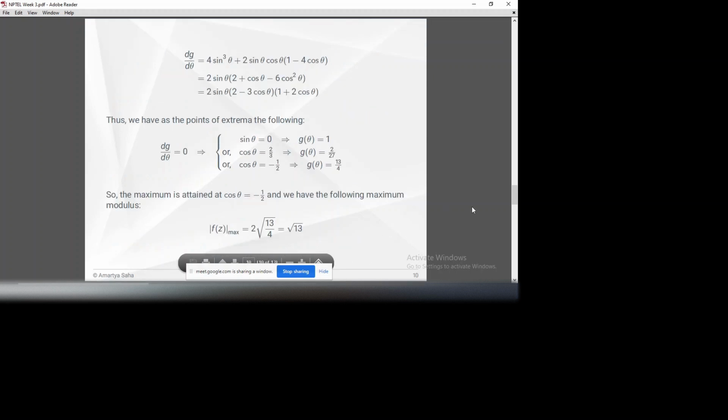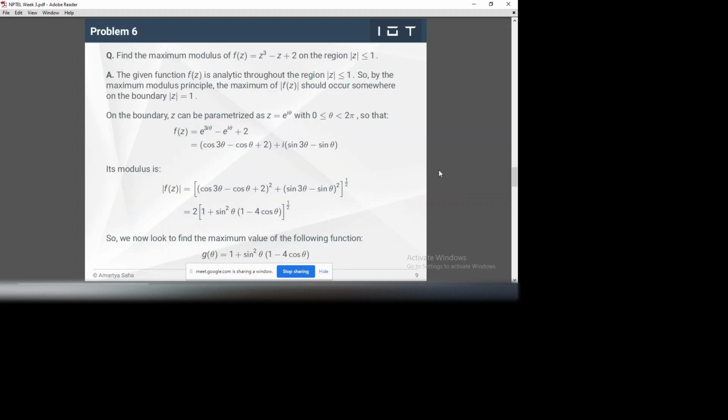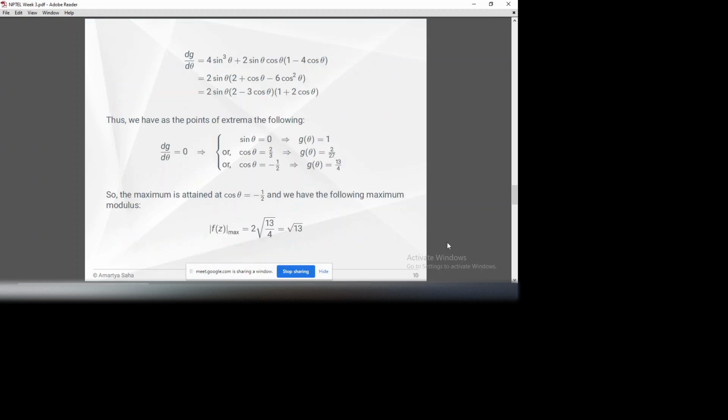Simple. And then if we put cos θ equal to 2 by 3, then you will get g(θ) to be 2 by 27. In this function, cos θ is 2 by 3 and sin squared θ is 1 minus cos squared θ, and then substitute the value of cos θ, and this will give you 2 by 27.